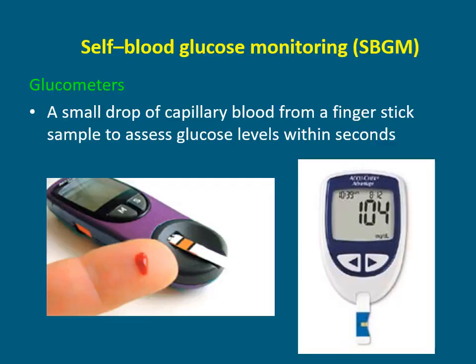Next, self-blood glucose monitoring, SBGM. This is one type of investigating method. It uses a glucometer. A small drop of capillary blood from a finger stick is the sample to assess glucose levels within seconds. These are the steps.